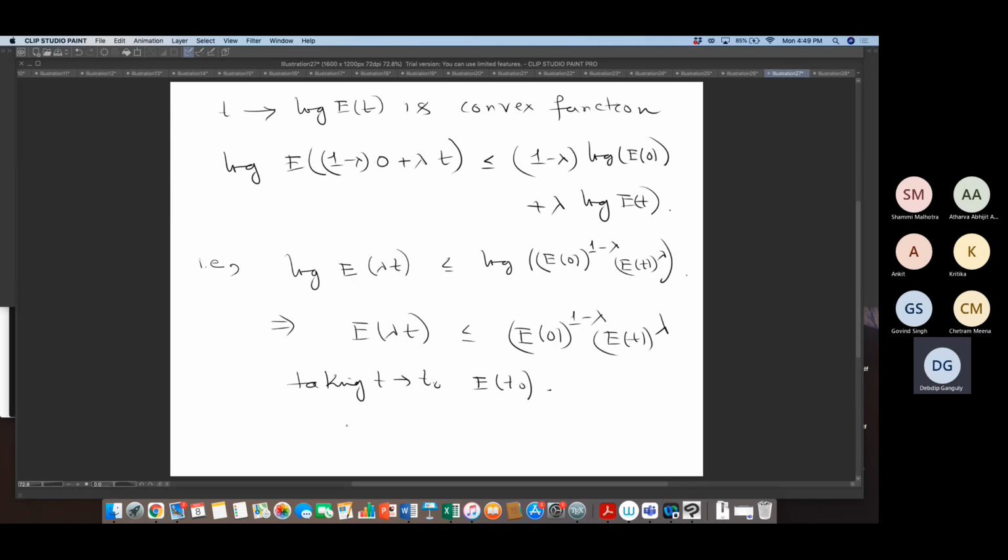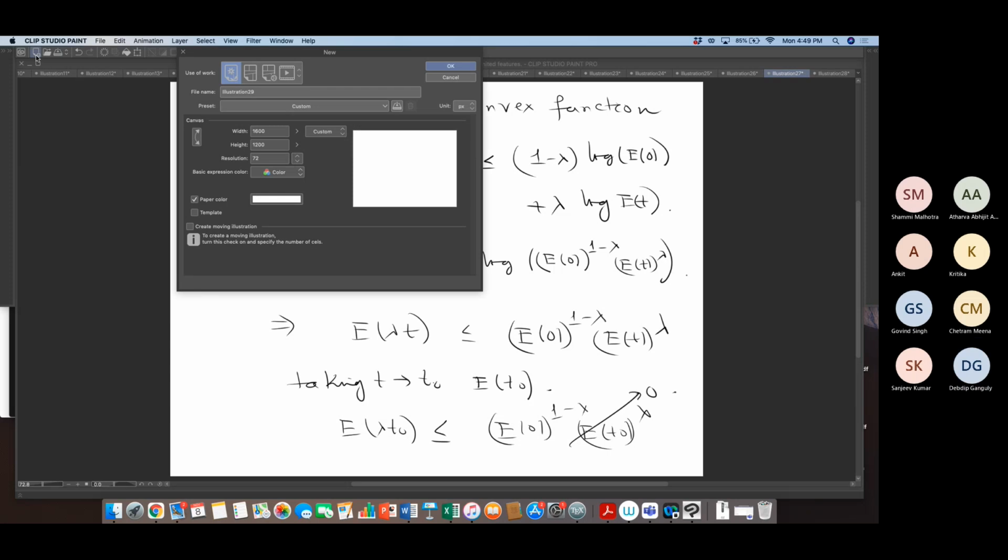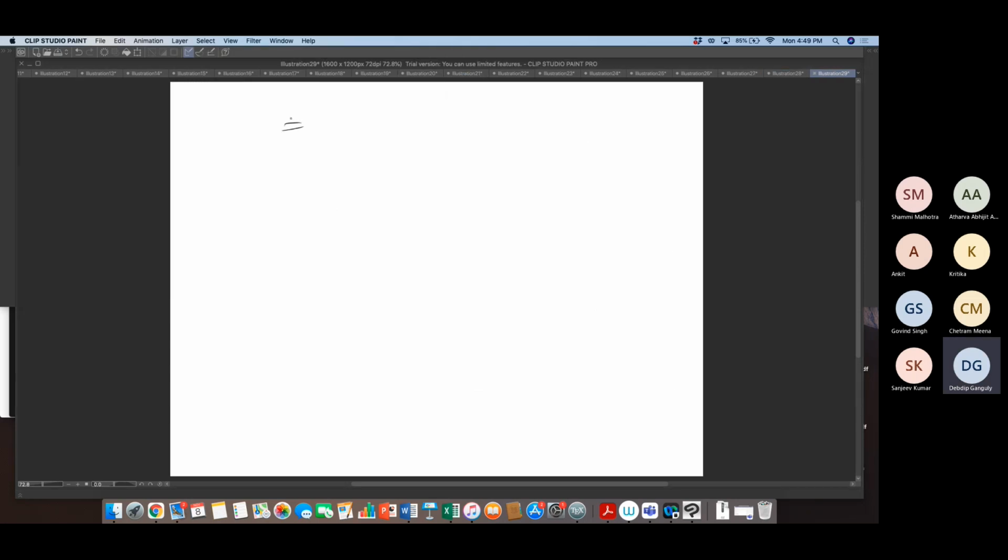So if you do that, then e of lambda t naught is less than or equal to e of 0 times e of t naught, and this is 0. This implies e of lambda t naught is less than or equal to 0. Also, you know that e of lambda t naught is non-negative. So this implies e of lambda t naught is 0 for all lambda in 0 to 1.